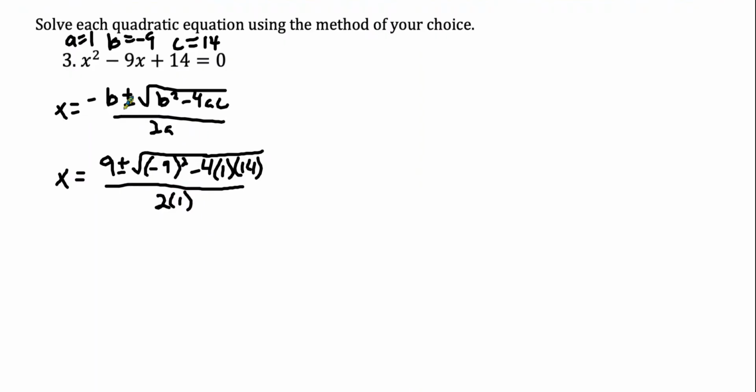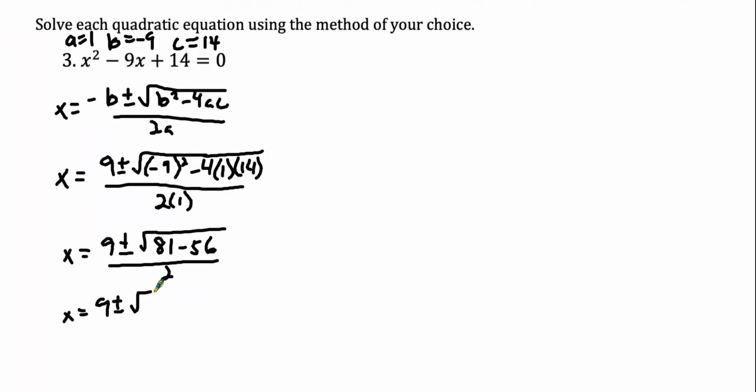And then I just simplify from here. So underneath of my square root, negative 9 squared would be positive 81, and then negative 4 times 1 times 14 would be minus 56, all over 2. Inside my square root then, 81 minus 56 is 25.